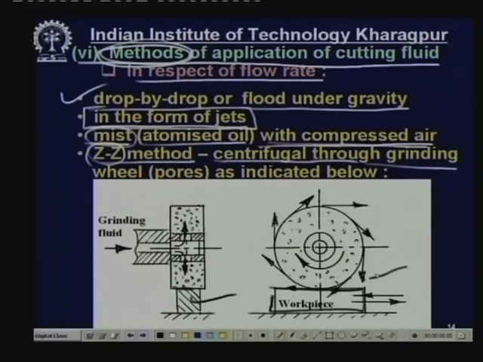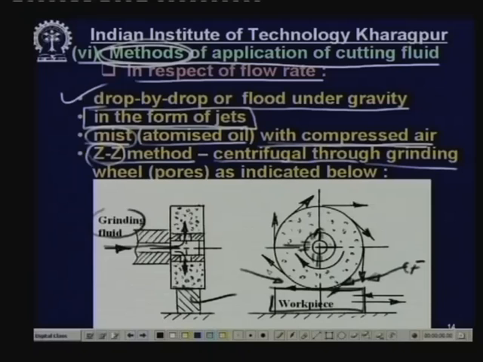Conventionally we apply cutting fluid in this direction, but in the jet method, to make it more effective, the cutting fluid is sent axially, and there is a bush which has number of radial holes, and through the holes the liquid goes inside the wheel.